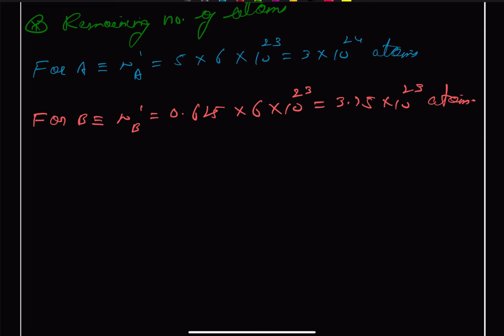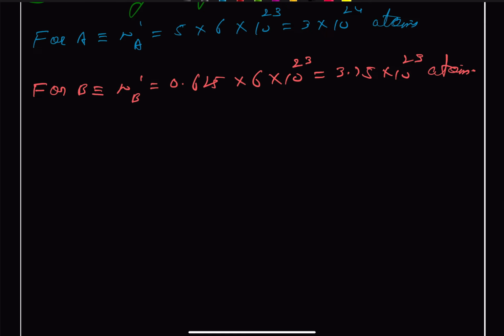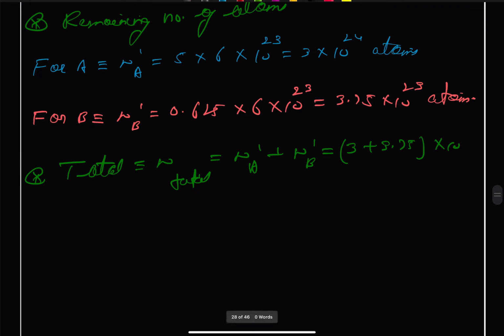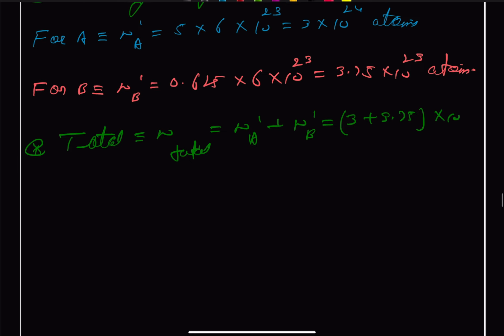We have to find out the total. We simply add them. So total, let us call this N total, will be equal to Na prime plus Nb prime. That is 3 plus 3.75 into 10 to the power 23. Okay, let me convert.